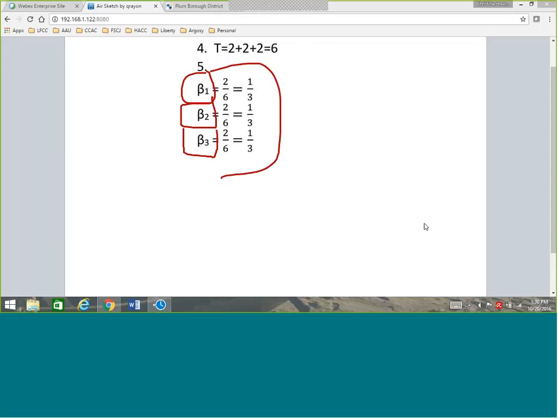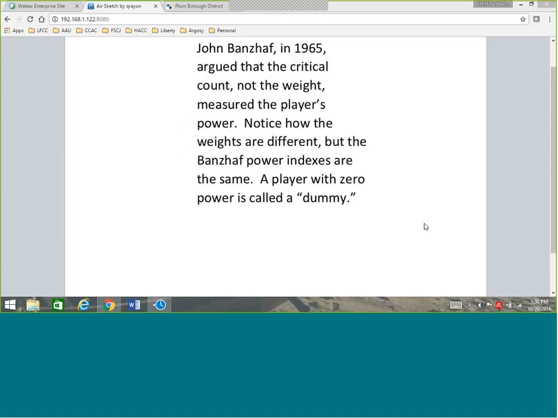There'll be a spot for you to write all 3. John Banzhaf in 1965 argued that the critical count, not the weight, measured the player's power. Notice how the weights are different, but the Banzhaf Power Indexes are the same.